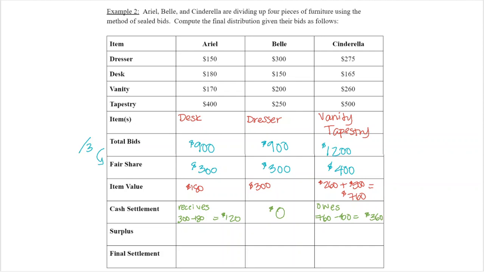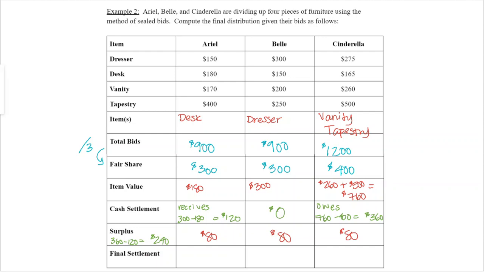Belle gets nothing. So our surplus is going to be $360 that Cinderella paid minus the $120 that goes to Ariel, $240 is our surplus. So we're going to divide that evenly between these three princesses. So the surplus is going to be $80.